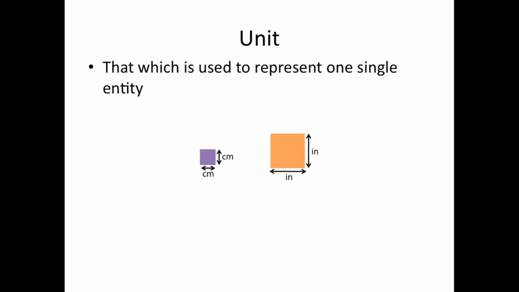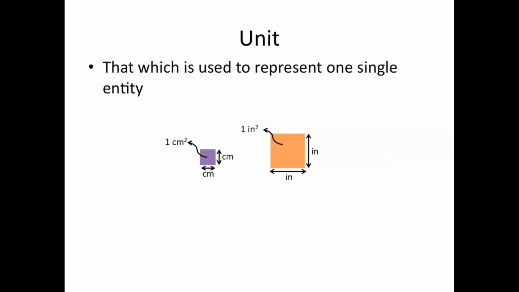The purple square will have a unit of 1 centimeter squared, and the orange square is going to have a unit of 1 inch squared. These are common units of measuring area.